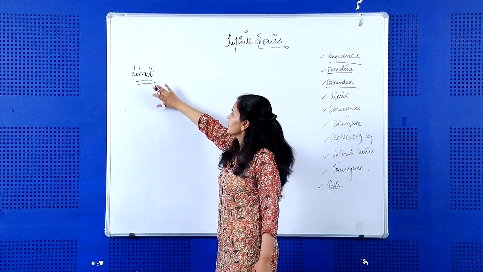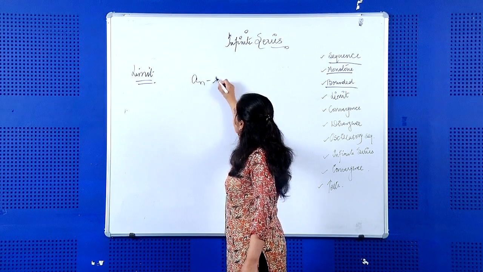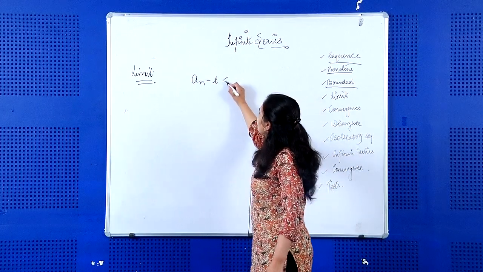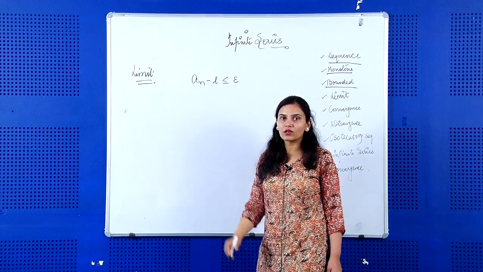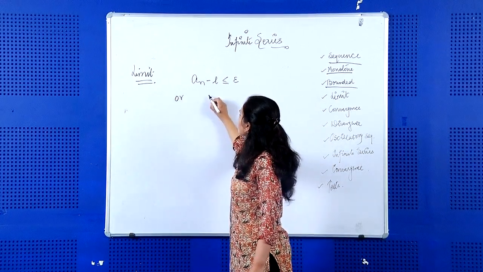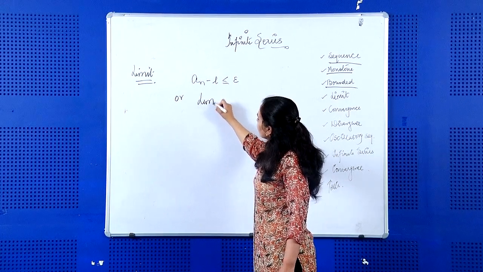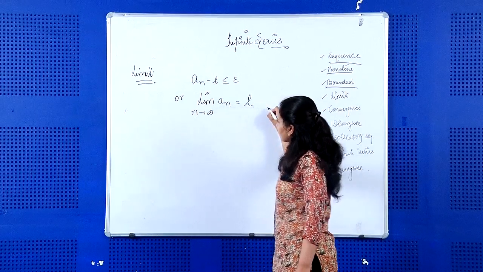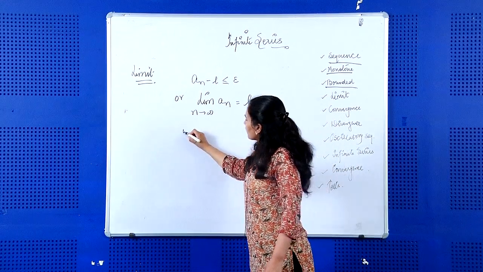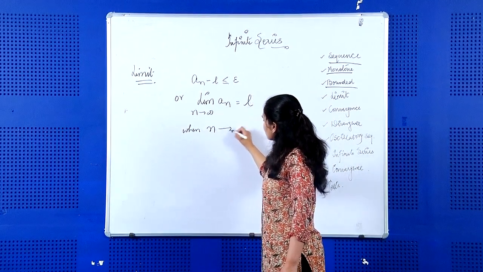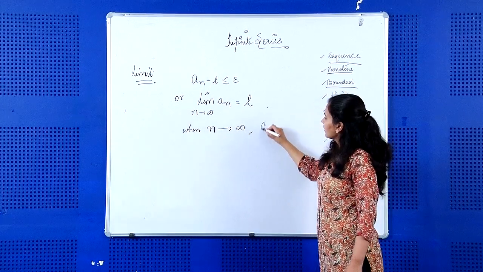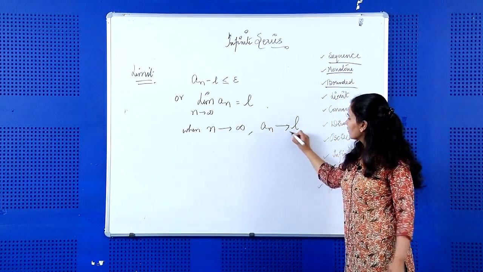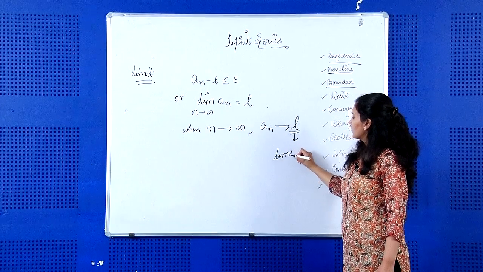Limit of a sequence, we define limit with |an minus L| is less than or equal to a small number, say epsilon, or it can be written as limit n tends to infinity an is equal to L. That means when n is tending towards infinity, then an will tend to a number L, and this L is what we call the limit.